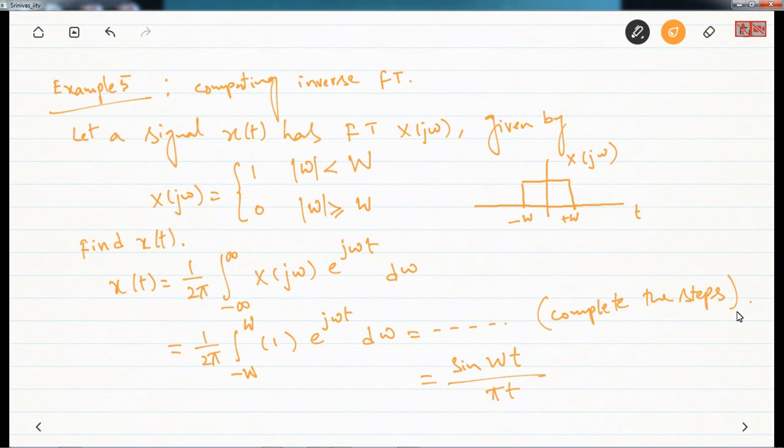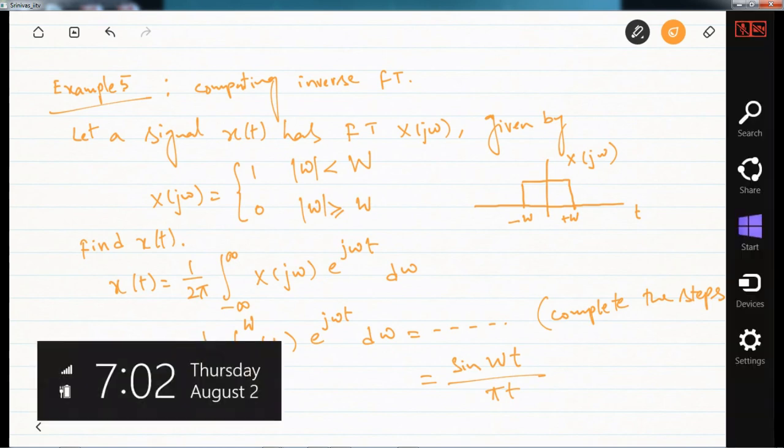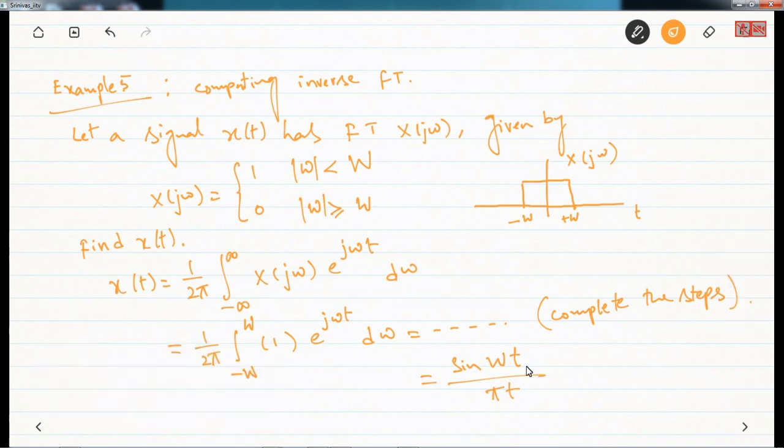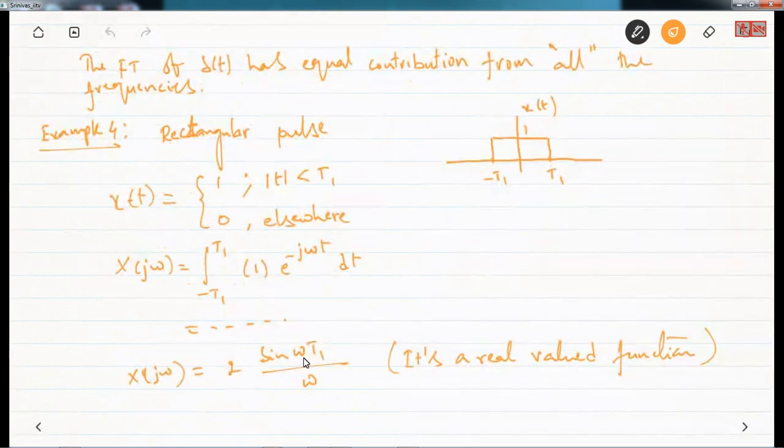So here also there is a function x of t which is sine Wt divided by pi t. Previously we also got a function which is sine omega t1 by omega.